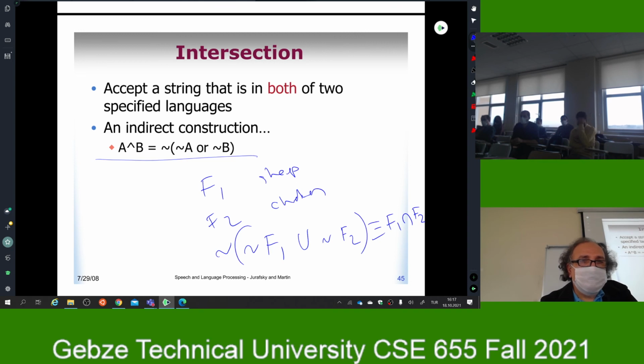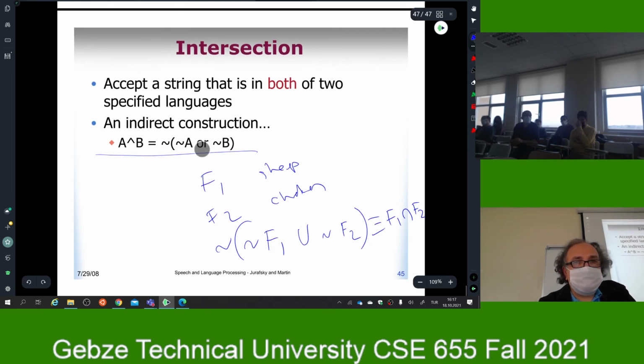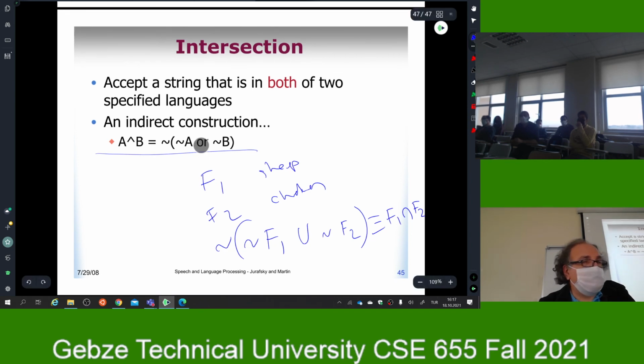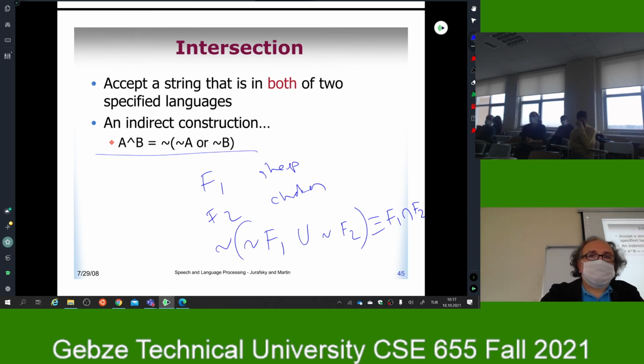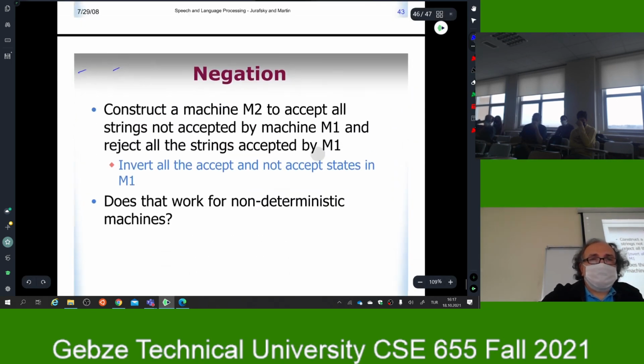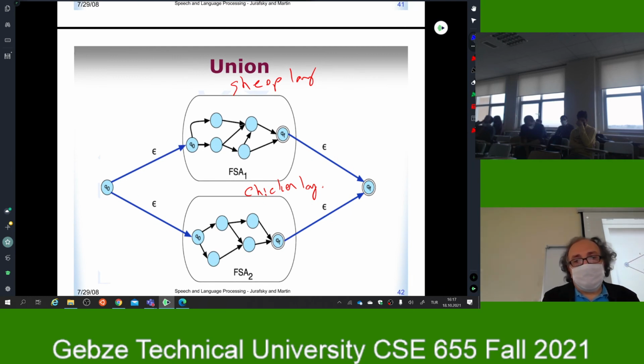A intersect B: take the negation of A, take the negation of B, run the union operation that I showed you before, and take the negation of the final result. So that's called the intersection. In doing intersection, negation, concatenation, and union, working with non-deterministic machines is very easy. That's why we like to work with non-deterministic finite state automata. Okay?